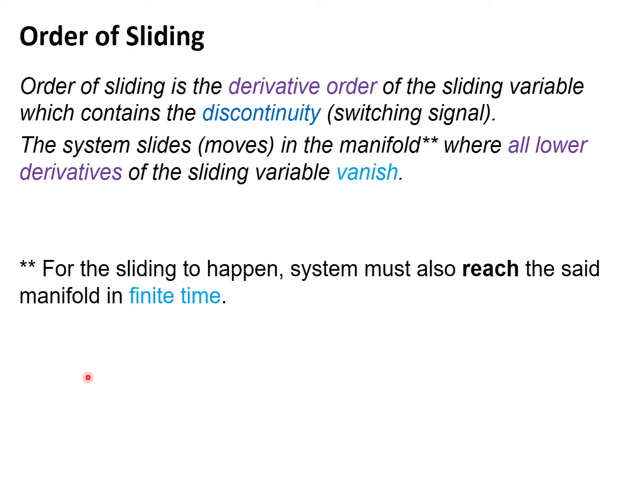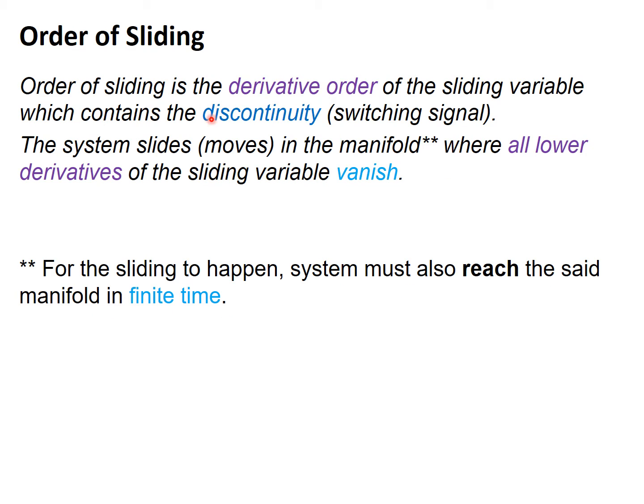And why I have given a double star here, you see. The system slides in the manifold. Of course that means that we must reach the said manifold in finite time.